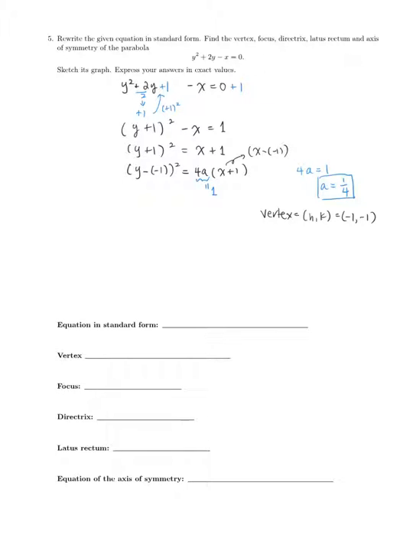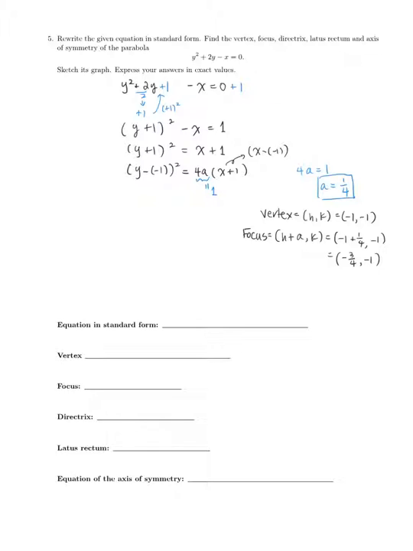And then the focus formula sheet says h plus a comma k. So this is going to be -1 plus 1/4 comma -1, which is -3/4. Is that right? Yeah, comma -1.